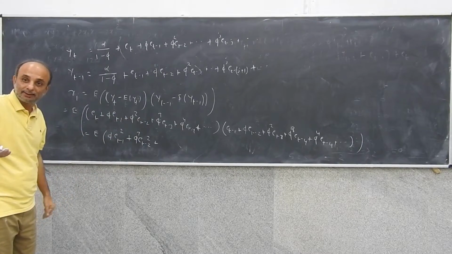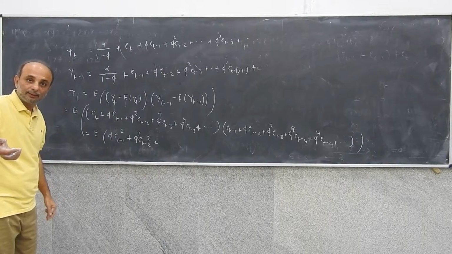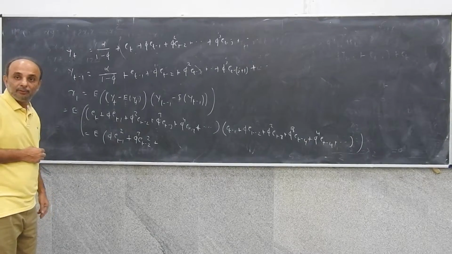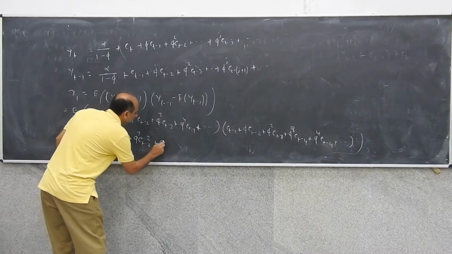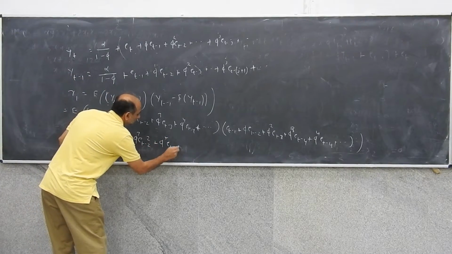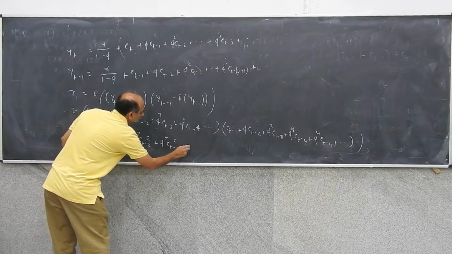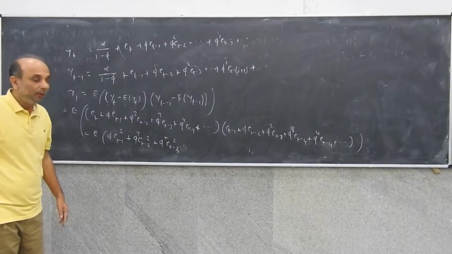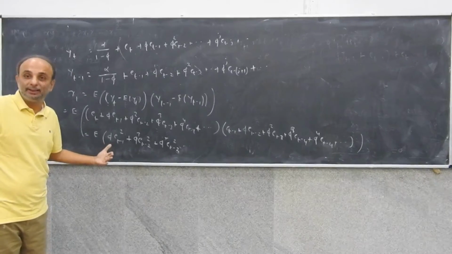Phi to the power 5 et minus 3 square and so on. Right? Okay.